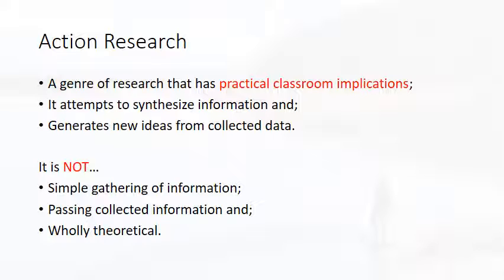It is not wholly theoretical. A lot of times at the doctoral level, it will be a very theoretical piece of research. But for action research, for us, that section number 4, that last section with the action plan, really dives into that practical classroom implication.